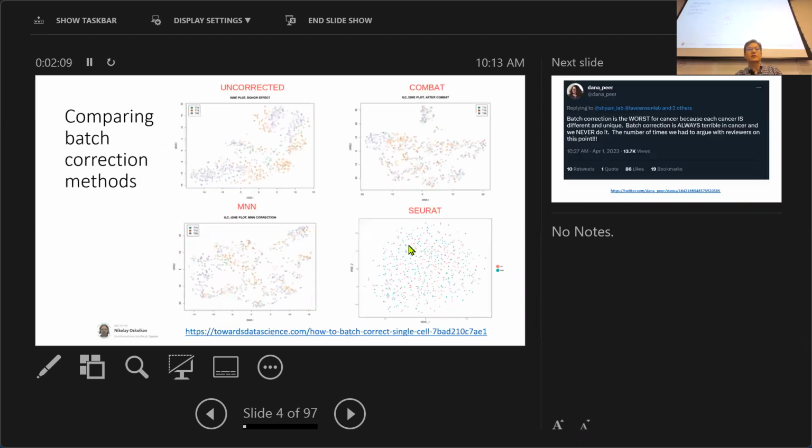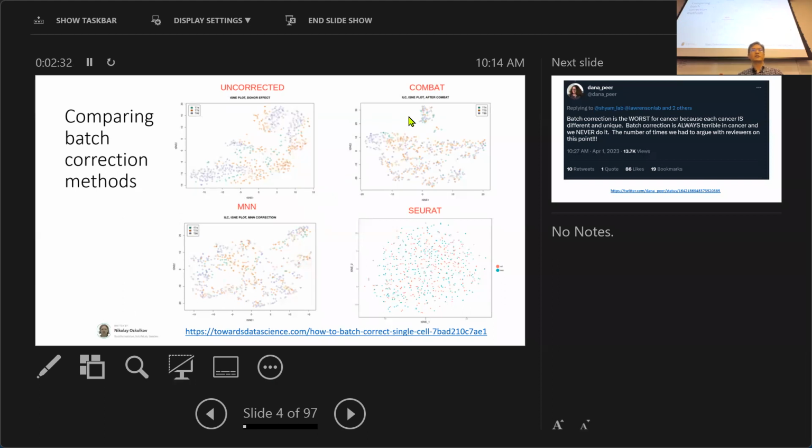But in general, this is a blog publication, and the authors showed the data points before and after the correction. They used something called ComBat. This is a very old algorithm, from even before single cell data became widely available.